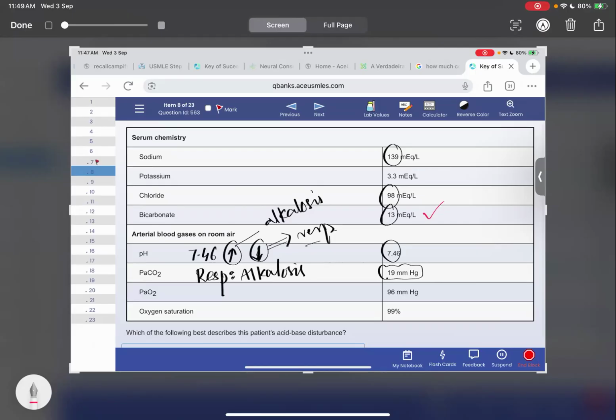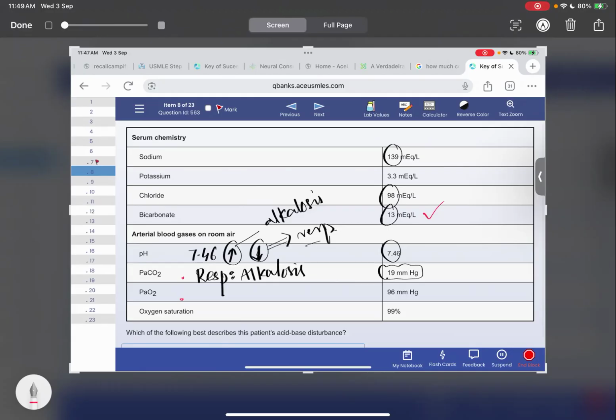Bicarbonate is also decreased. So is it metabolic compensation? It is not the compensation. Think about it. It's actually a mixed disorder, respiratory and metabolic both. But how would you know that it is mixed?